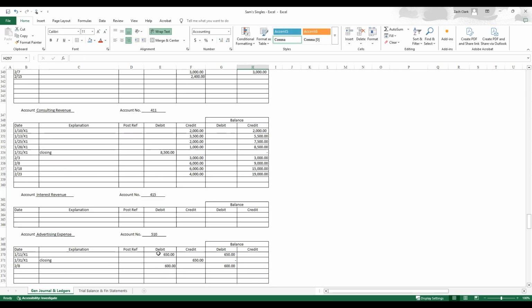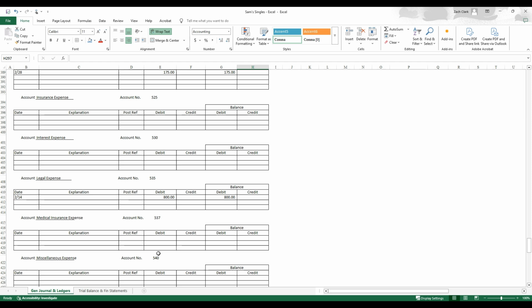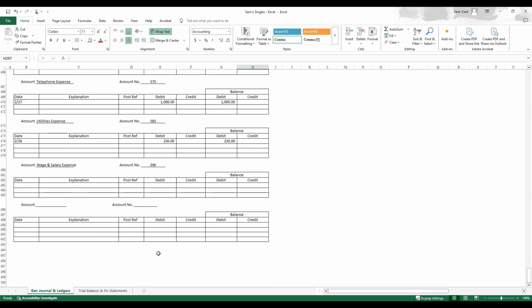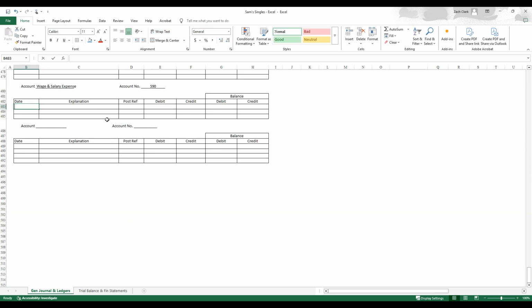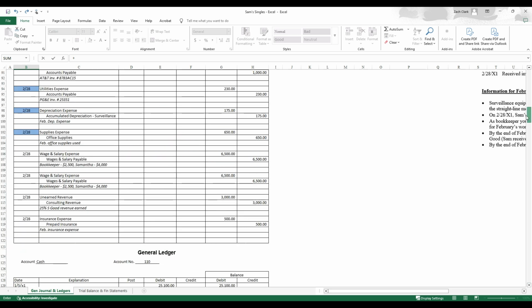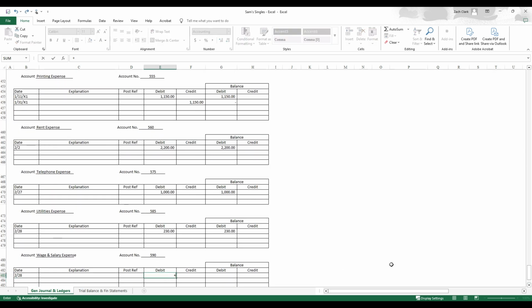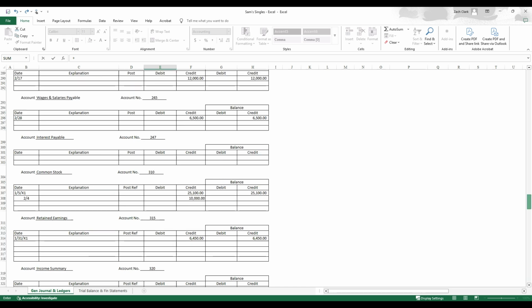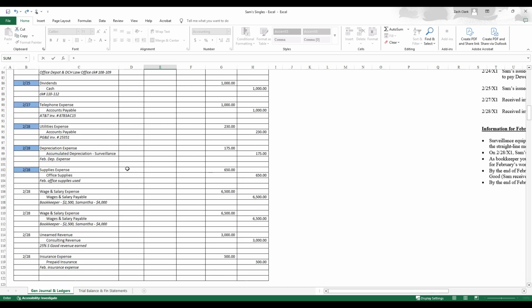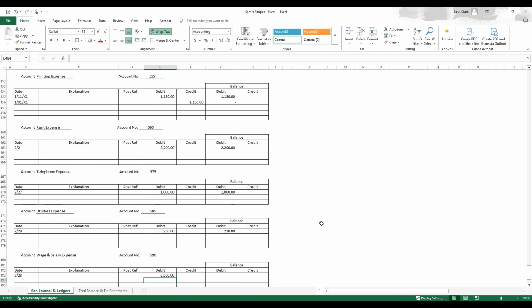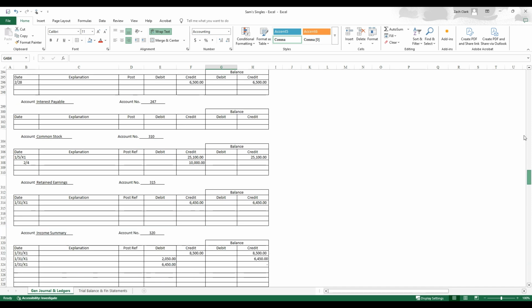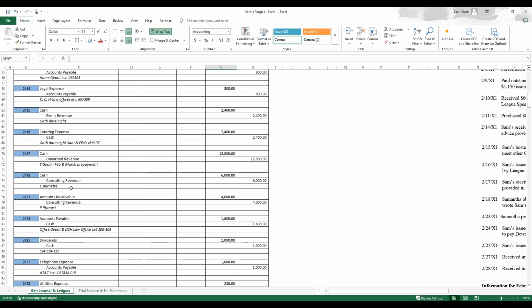The other side is wage and salaries expense. On the 28th, it's a debit. Debit is an increase to expense, and we want to make sure we record it in both the individual transaction columns and the running total. Okay, we're done with that.